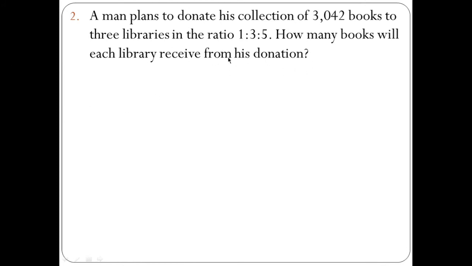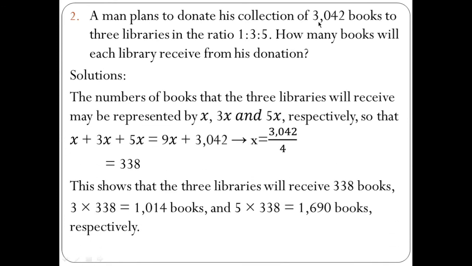Meaning, from the ratio of 1:3:5, ilan kaya yung marireceive nila na donation for a total of 3,042 books? For our solution, the number of books that the 3 libraries will receive may be represented by x. So, yung 1, equal na po class sa x. Then, yung 3 maging 3x and 5 will be 5x respectively.